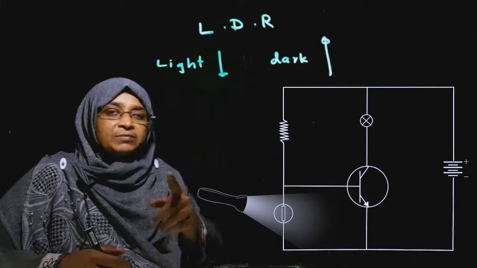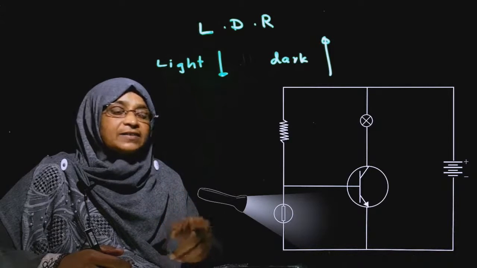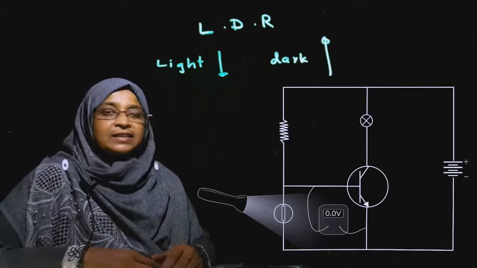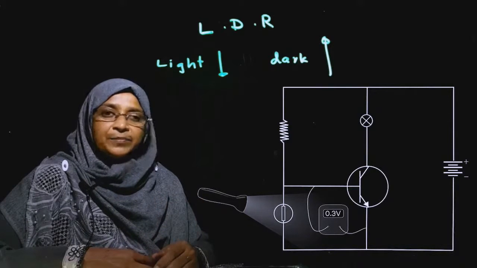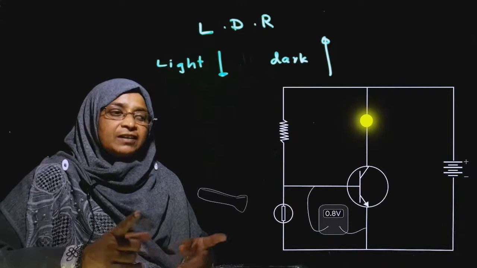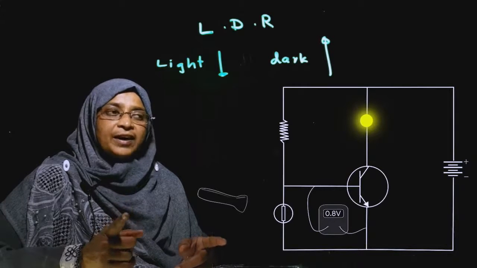The voltage between these two terminals is controlled by this resistor, the LDR. At night, the resistance is high. So, the voltage across this LDR is also high.